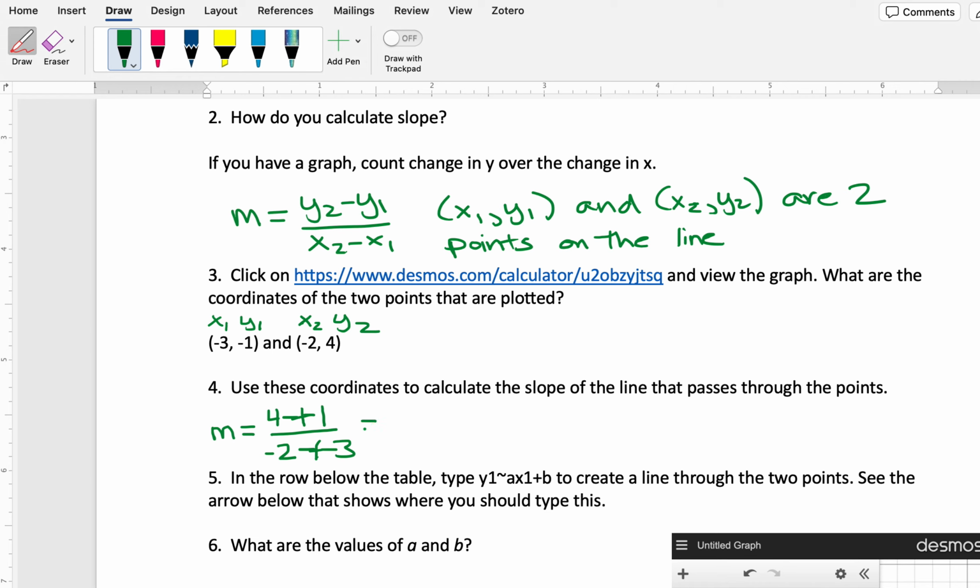Now we'll go through and do the math here. 4 + 1 is 5. And -2 + 3 is +1. So that gives me a slope of 5/1, which is 5.